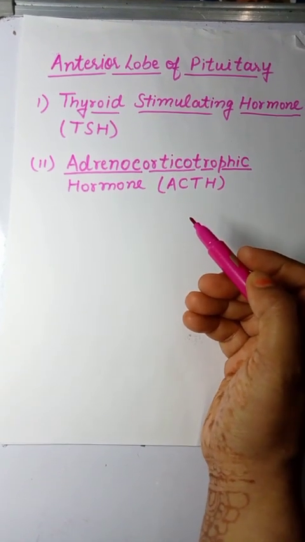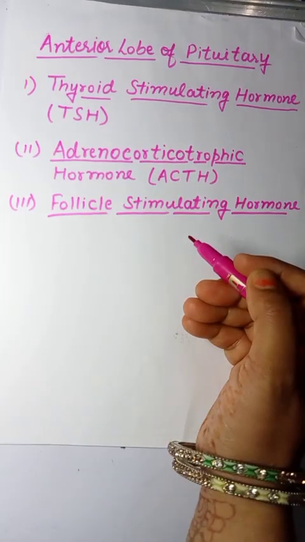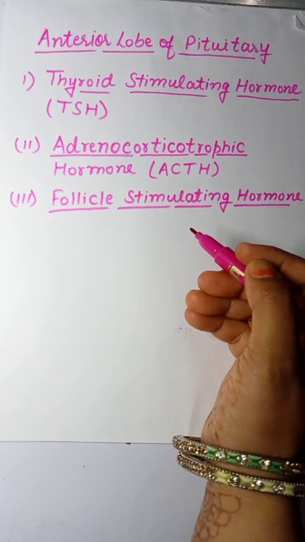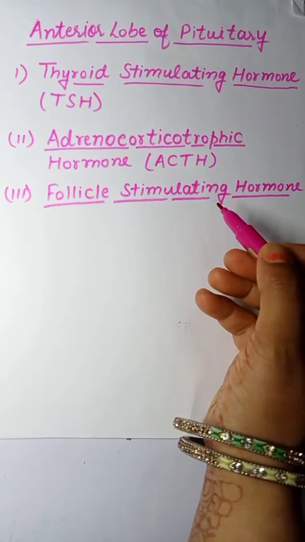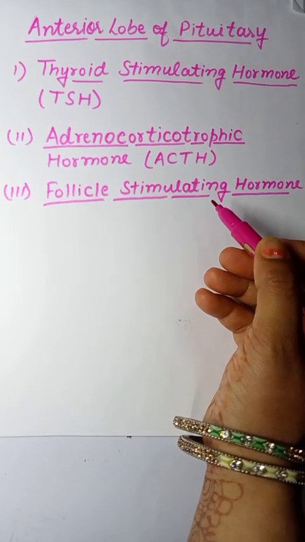Its target organ is adrenal cortex, and you know that adrenal cortex is releasing corticoids, which are also known as steroid hormones, right? So, ACTH is controlling the structure as well as the function of the adrenal cortex.